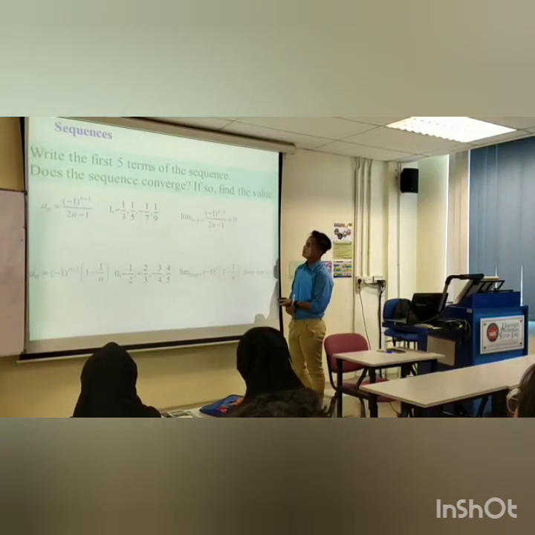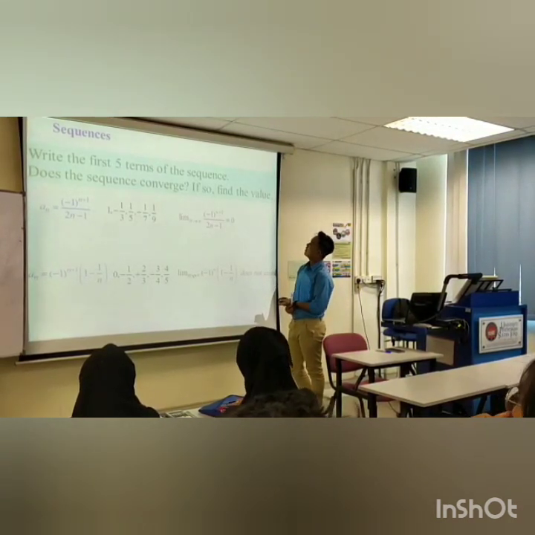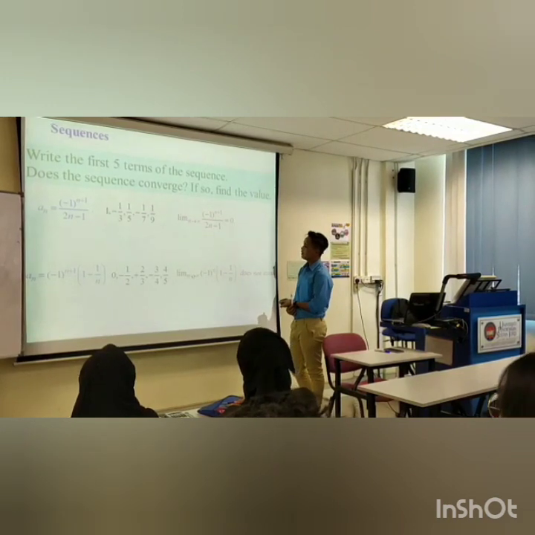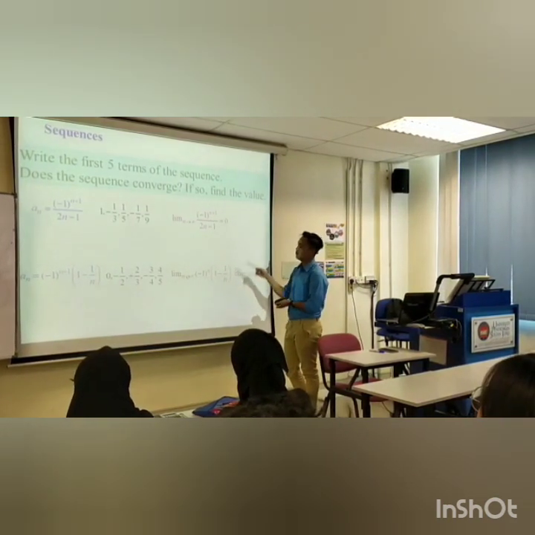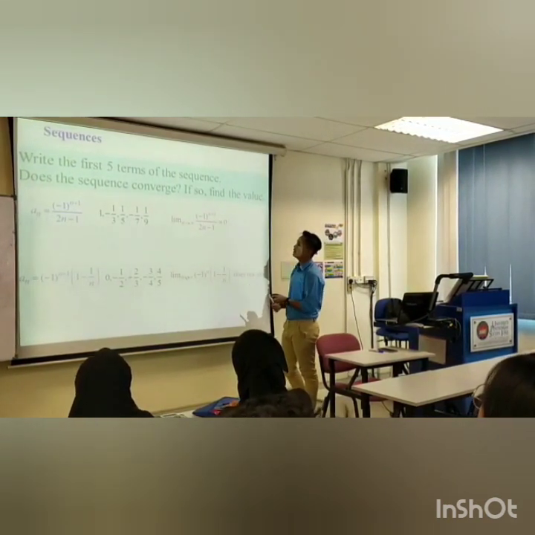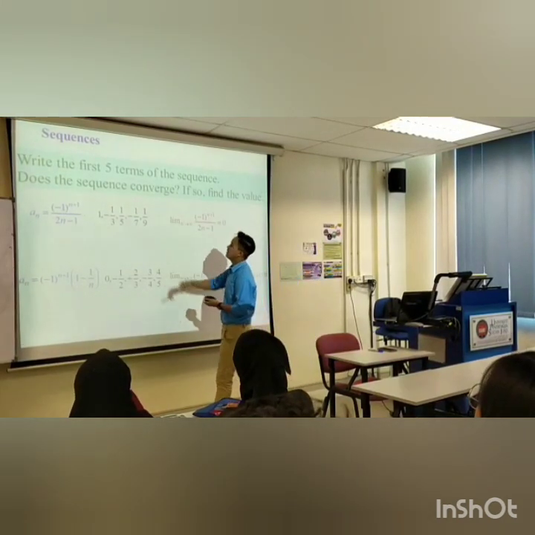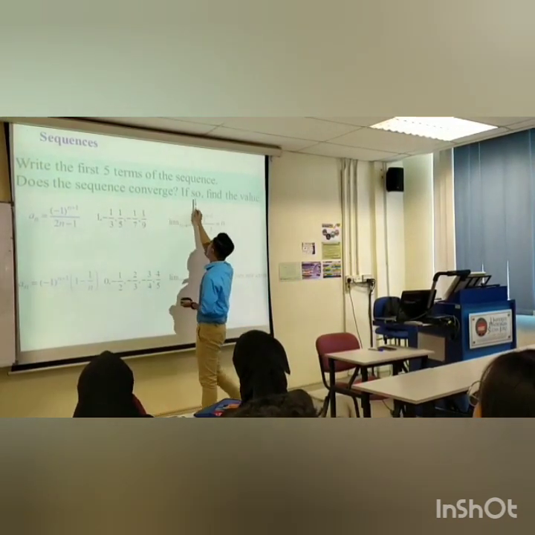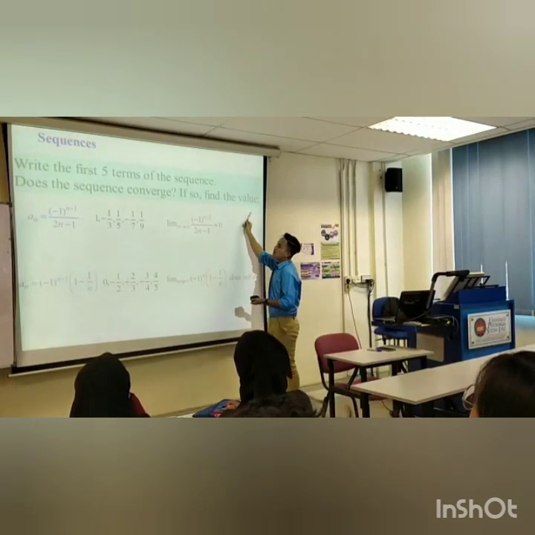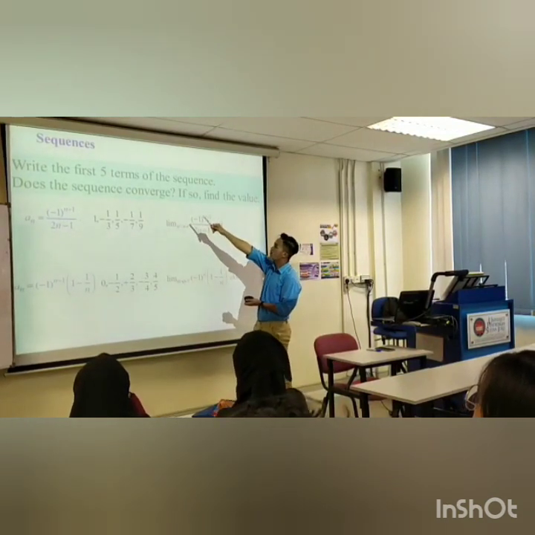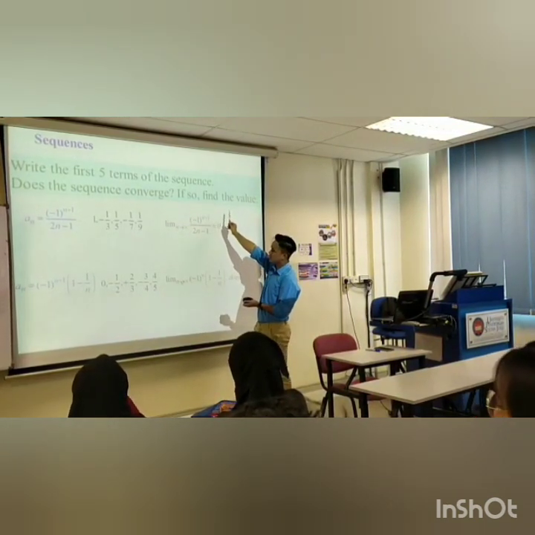So sequence, I think we can skip this because we have done this previously. Oh, I think I need to highlight: does the sequence converge? If so, find the value. So write the first 5 terms of the sequence.